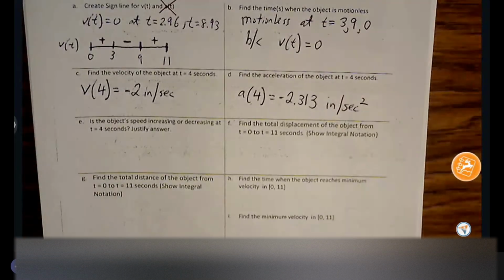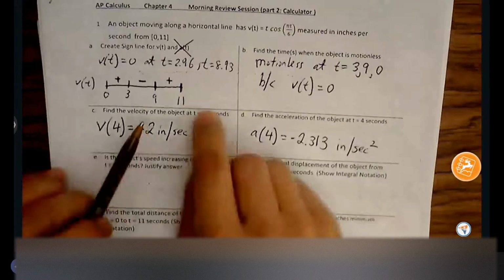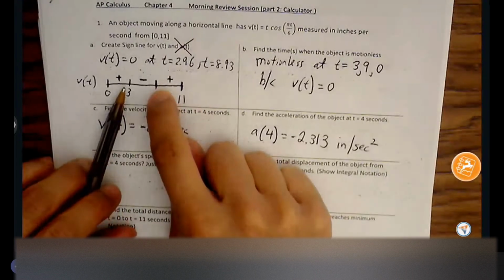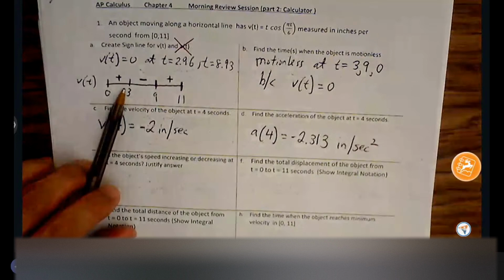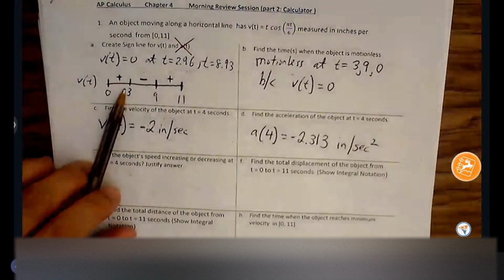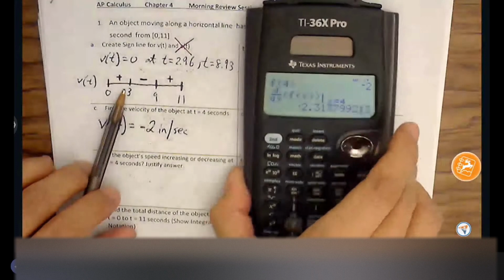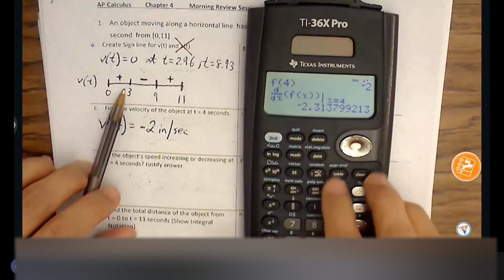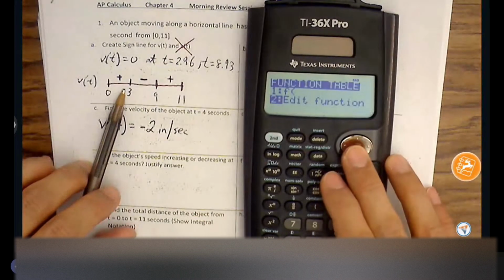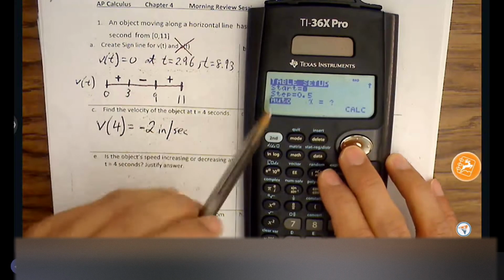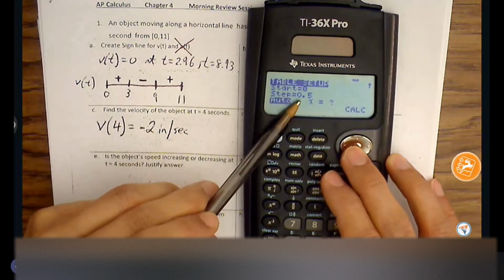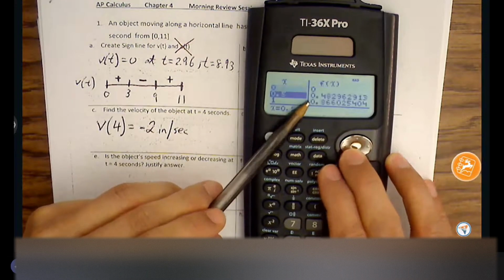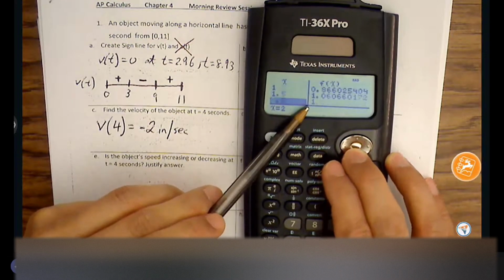Yes. Sorry, I missed it, but for the sign line, did you just plug in and see where 0 was? Yes, that's right. Well, which one are you using, the 36 Pro? Yes. Okay, if you use the 36 Pro, you're going to go to table, edit function. I'll start at 0. I started at a relatively large step, and I'm just looking for 0, the changes. That's right, change in sign.